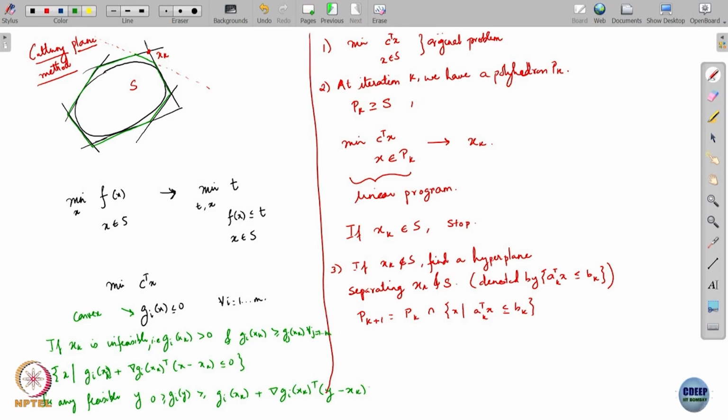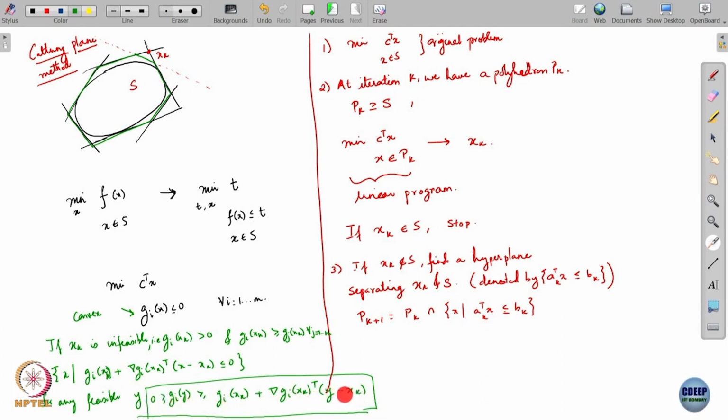So, what does this mean? That any feasible y will always satisfy this particular thing. That means this expression here should be less than or equal to 0. So, this particular thing would always be less than or equal to 0.